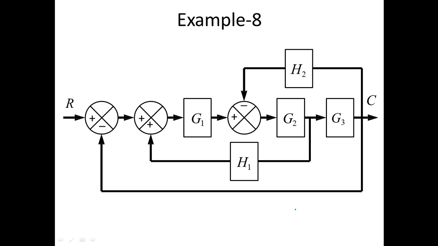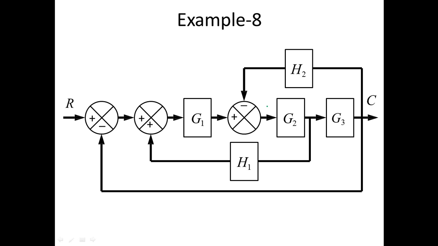This is example 8, and you can see that there are 3 forward paths, 2 reverse paths, and 3 summation points. So how can you find a single block instead of using these 7 blocks?